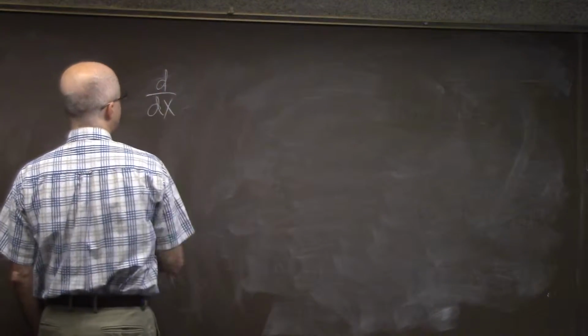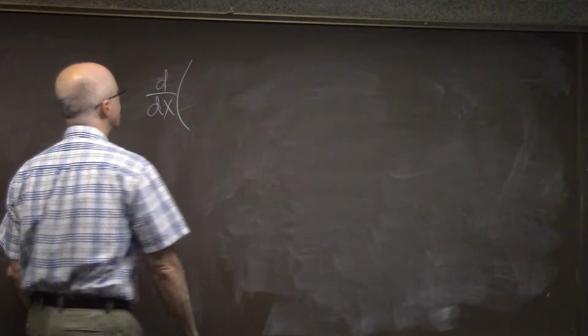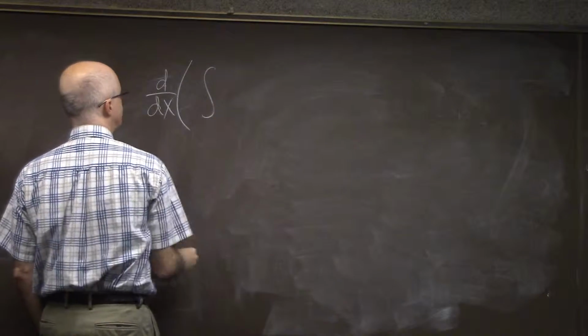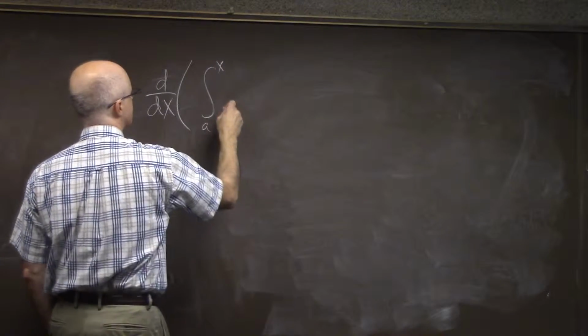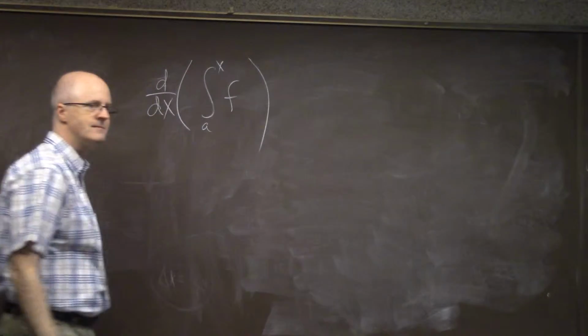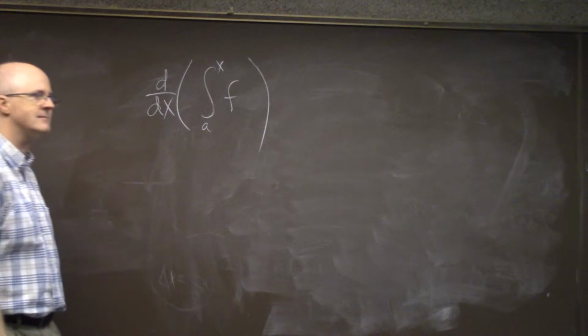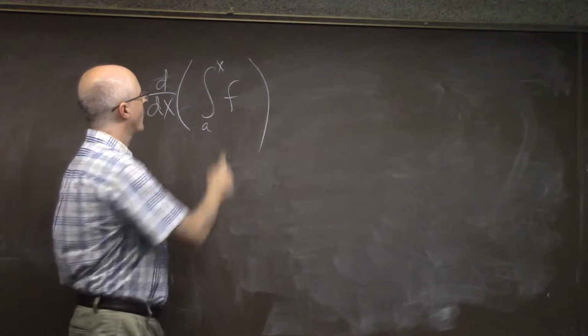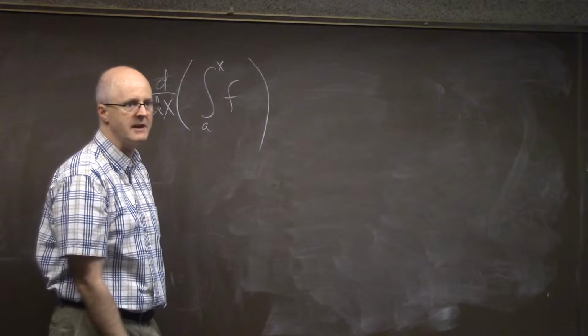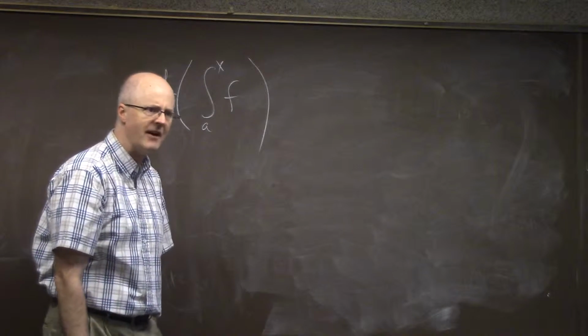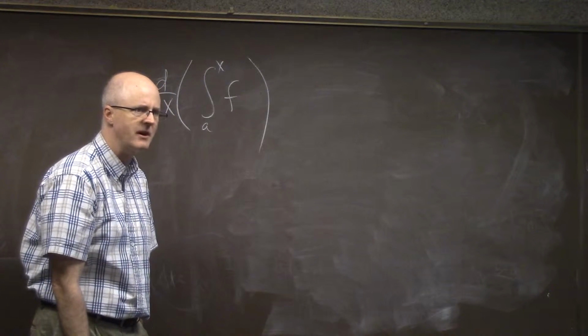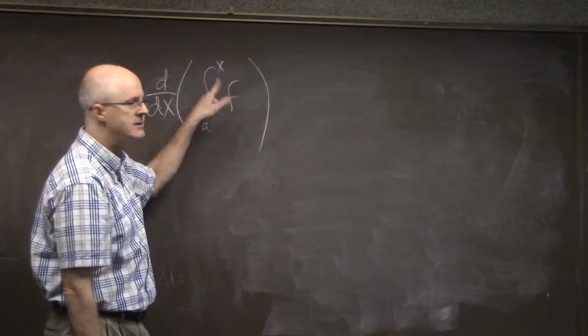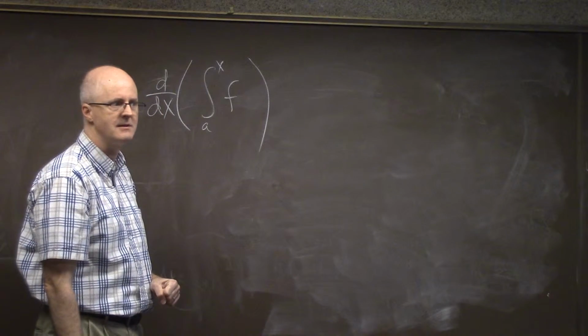One essentially says, if you differentiate an integral, where the upper limit of the integral there is the variable for this function, so I'm differentiating with respect to that upper limit of integration.